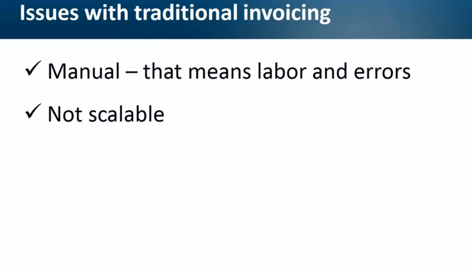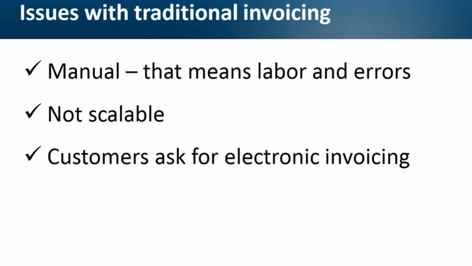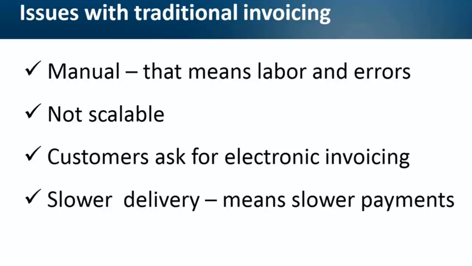Some of your customers may already be asking for electronic invoices, but you cannot satisfy their request. And also we have to take into consideration the time it takes to deliver the invoice to the customer. Usually it's a few days, and that means slower payments, and we want faster payments.